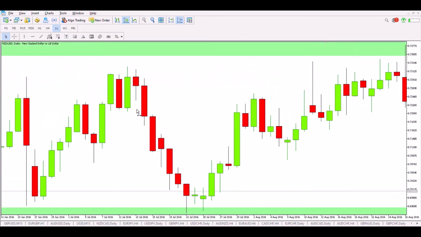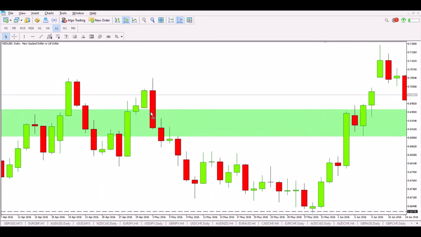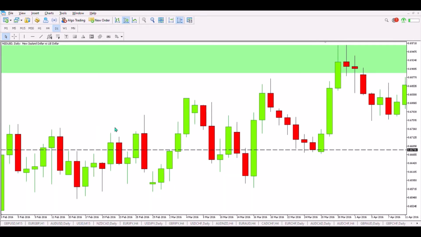Okay, let's continue our search. Okay, that's good, but here we have a higher high and a lower low than the previous 1, 2, 3, 4. And if this was lower, 5 candles, but this is not a good trade. We only have 4 candles here.